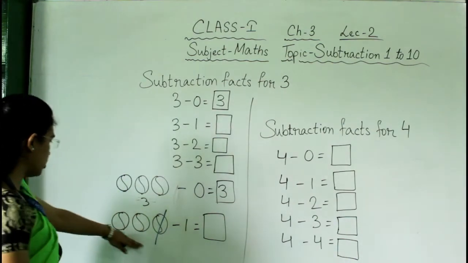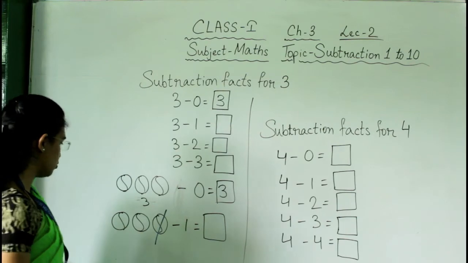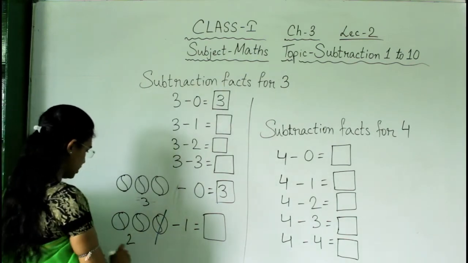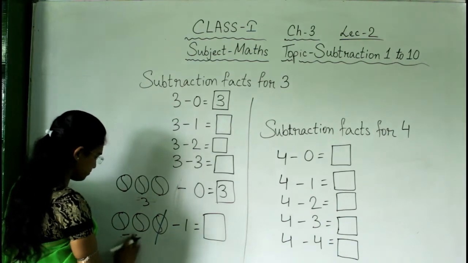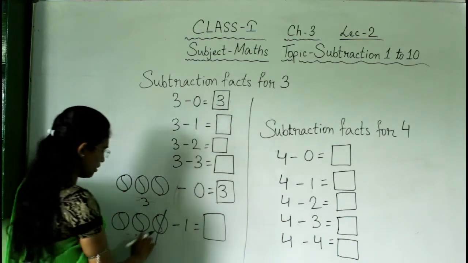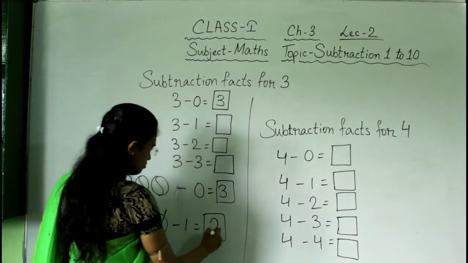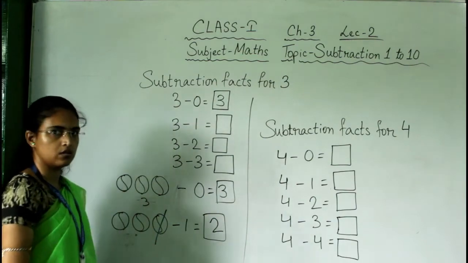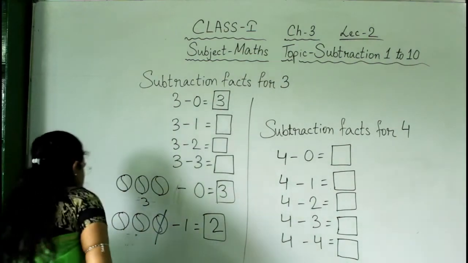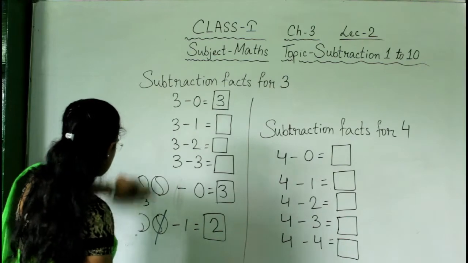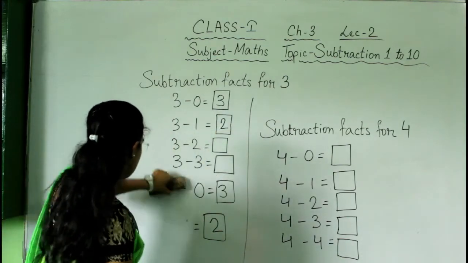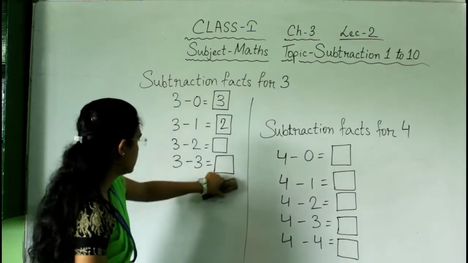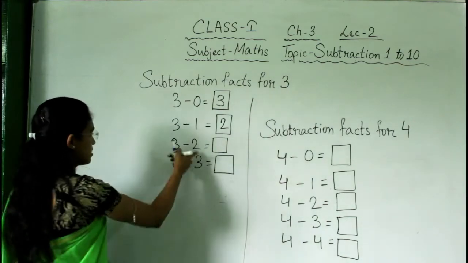Now how many balls are left? 1, 2. 2 balls. So 3 minus 1 equals 2. We got the answer. Now we will do the next sum.